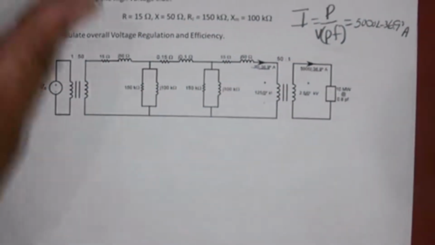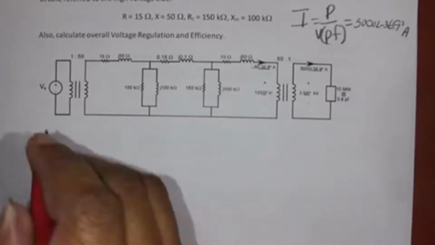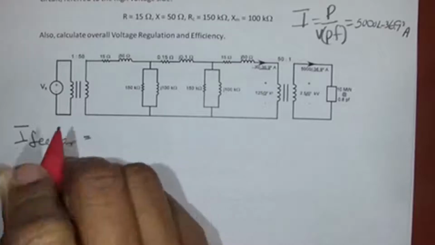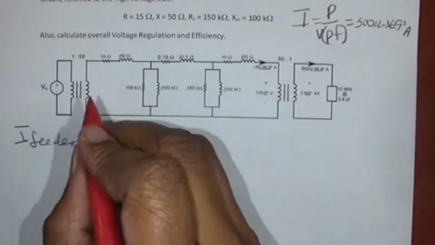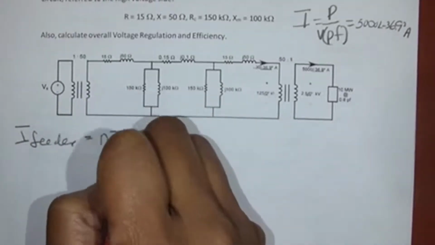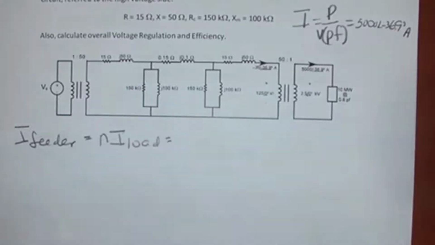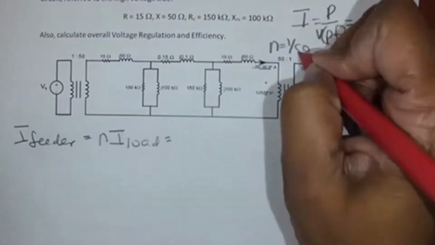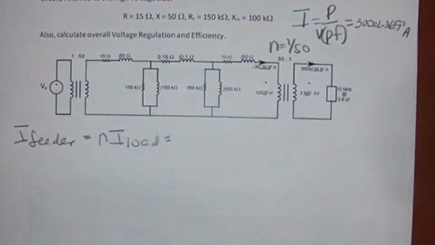Then the next thing we did is we referred that current back to the feeder by using N times I load, where N is equal to 1 over 50.